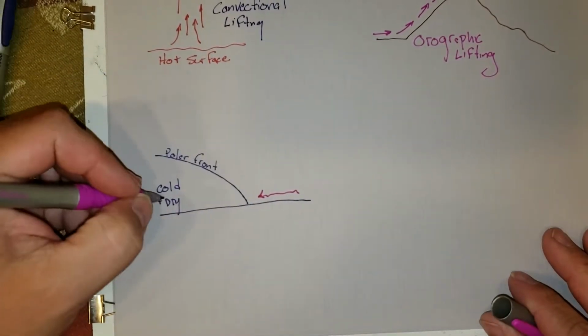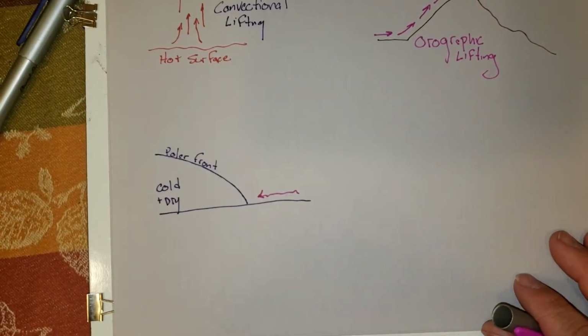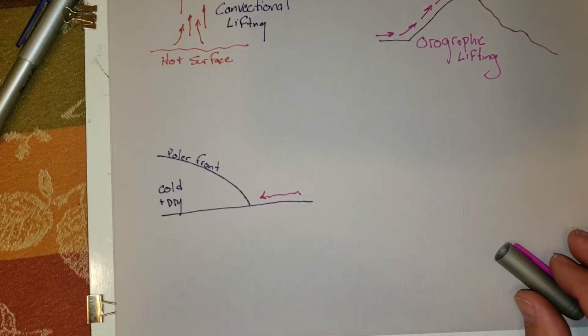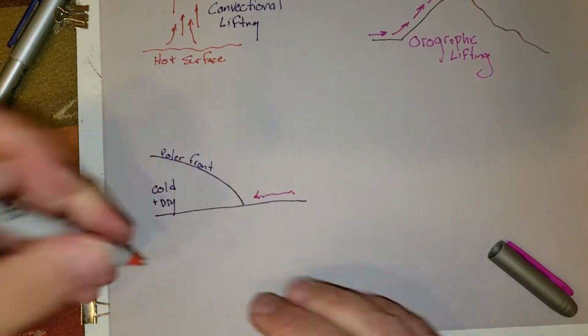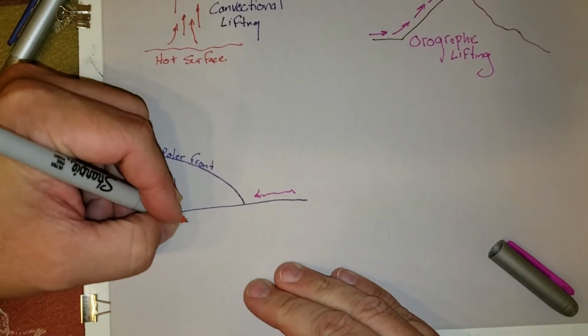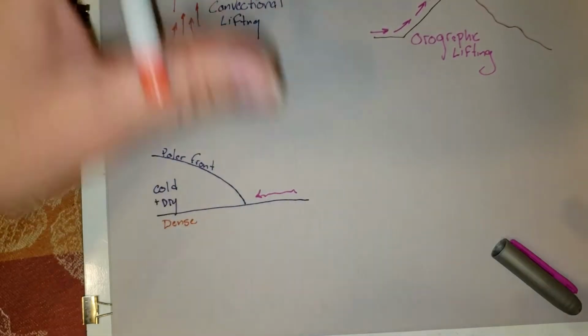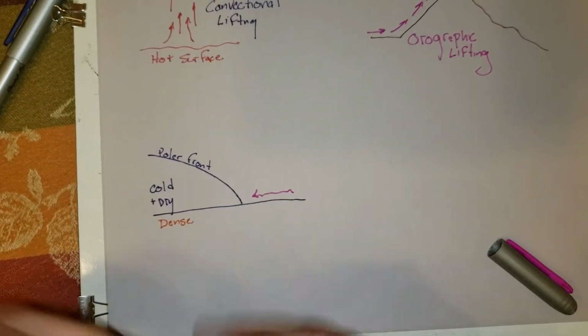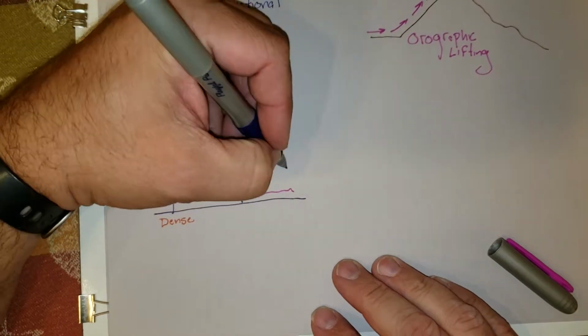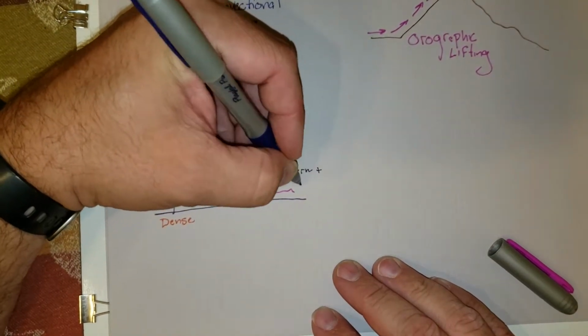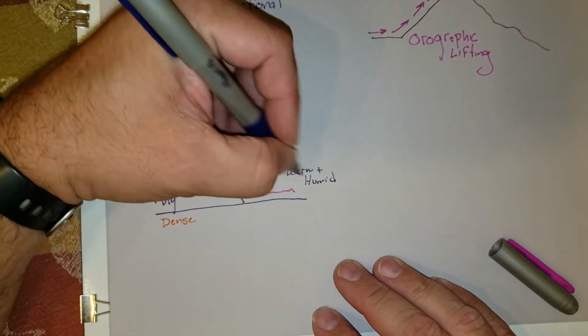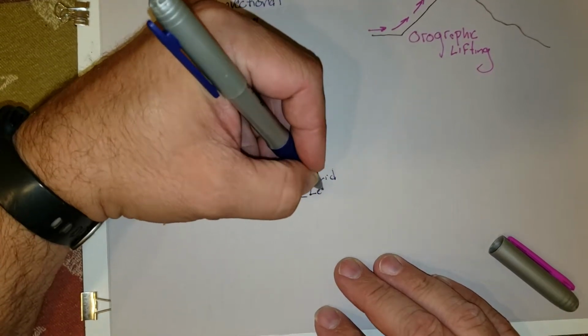Now this is cold and dry, and therefore it's going to be a little bit dense. Cold, dry air, it's not moving around very much. All those molecules are really close together. Well, this is going to be warm and humid, and because it's warm, it's going to be less dense.